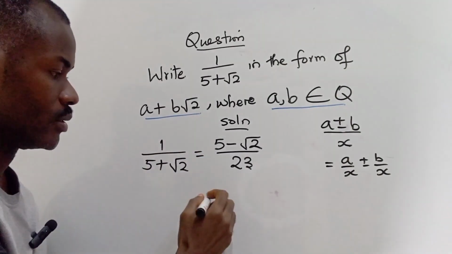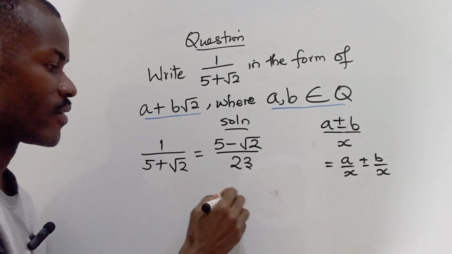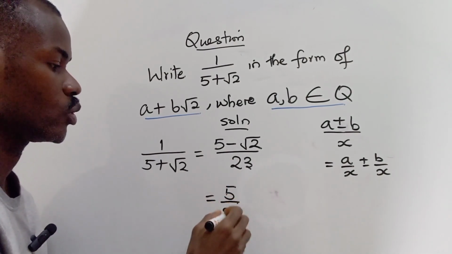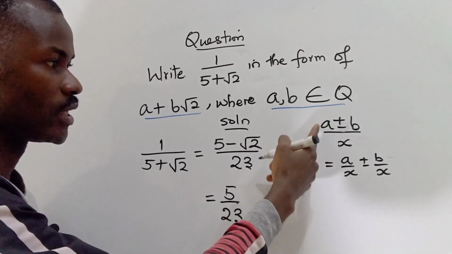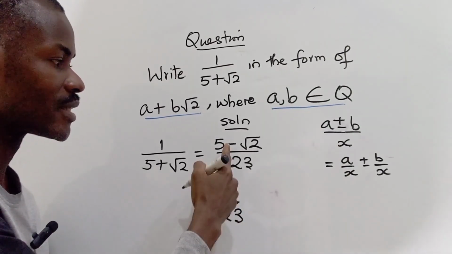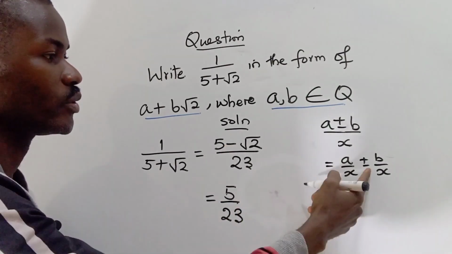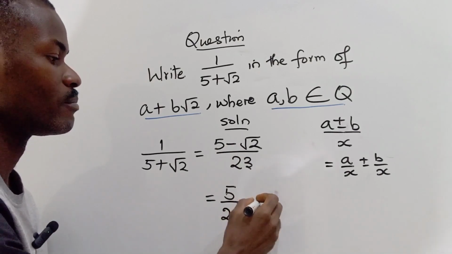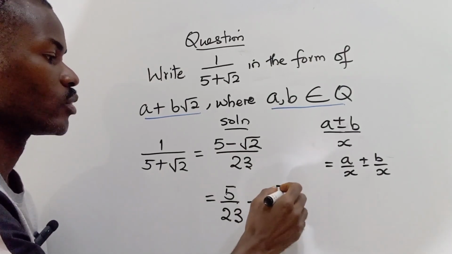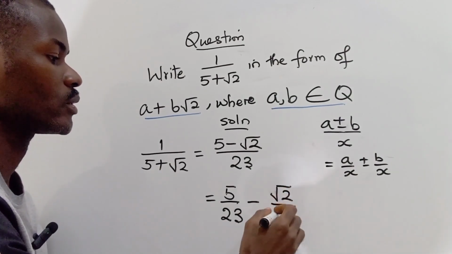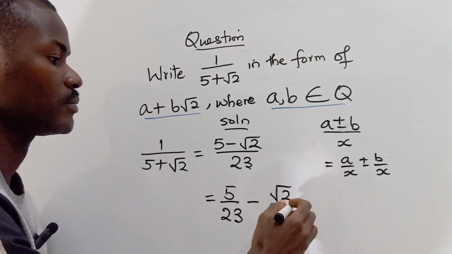So let's do that. We're going to have 5 divided by 23, just like we did here with a over x. Now, since we have minus here, we're going to use minus. So we have minus, and we have square root of 2 divided by 23.